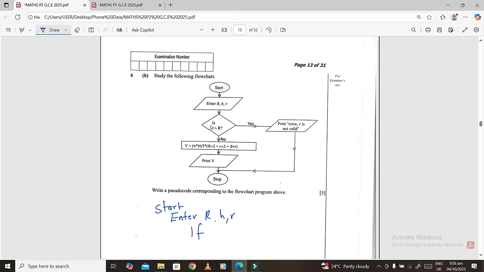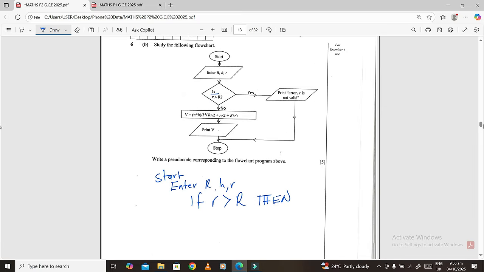We'll always change to if. Small r is greater than capital R. And then we write here then. In front here we say then. You know there are options there, yes or no. So we shall say then. We copy print error.